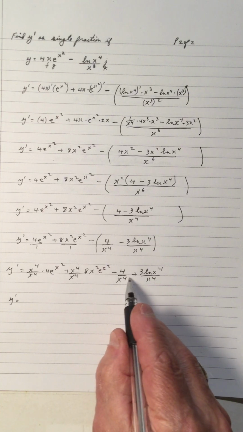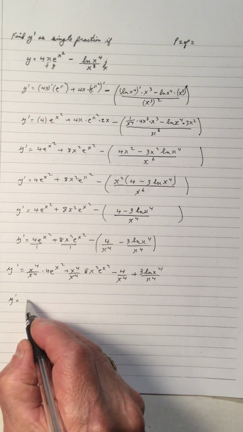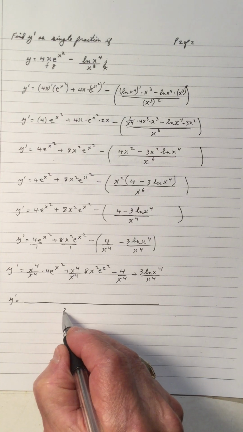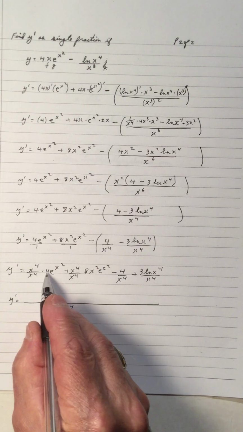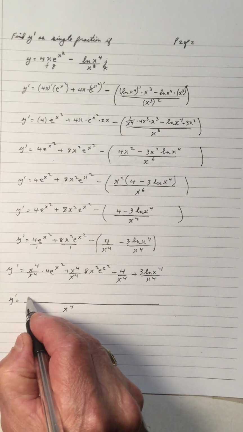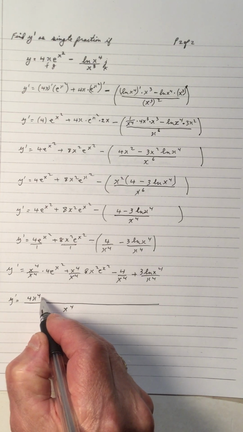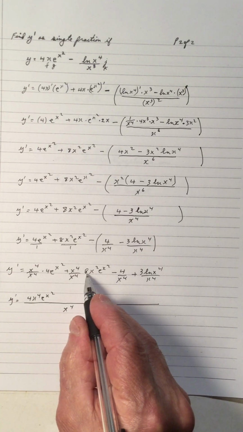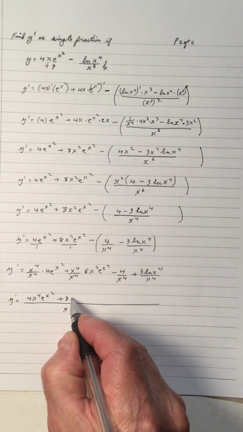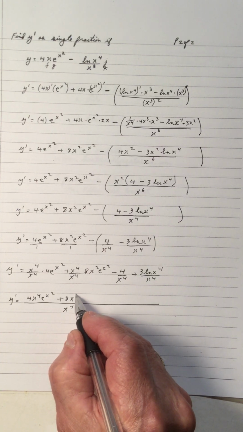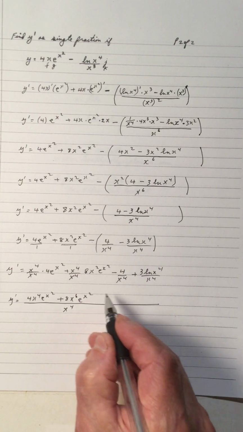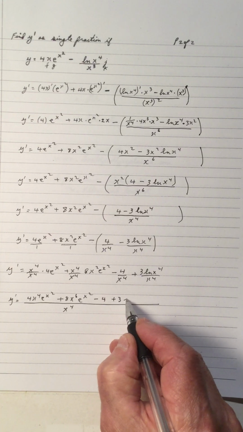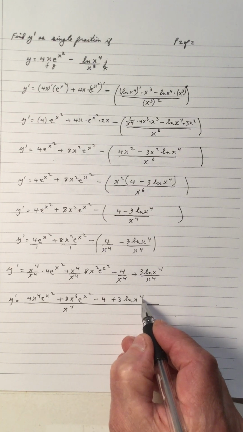All of the denominators are going to be the same. So this is 4x to the fourth e^(x squared) plus 8x to the sixth e^(x squared) minus 4 plus 3 ln x to the fourth.